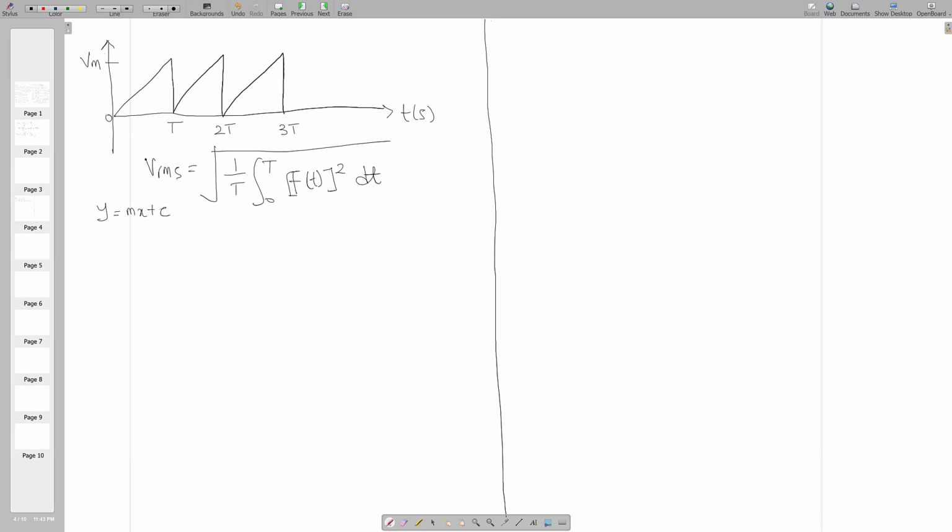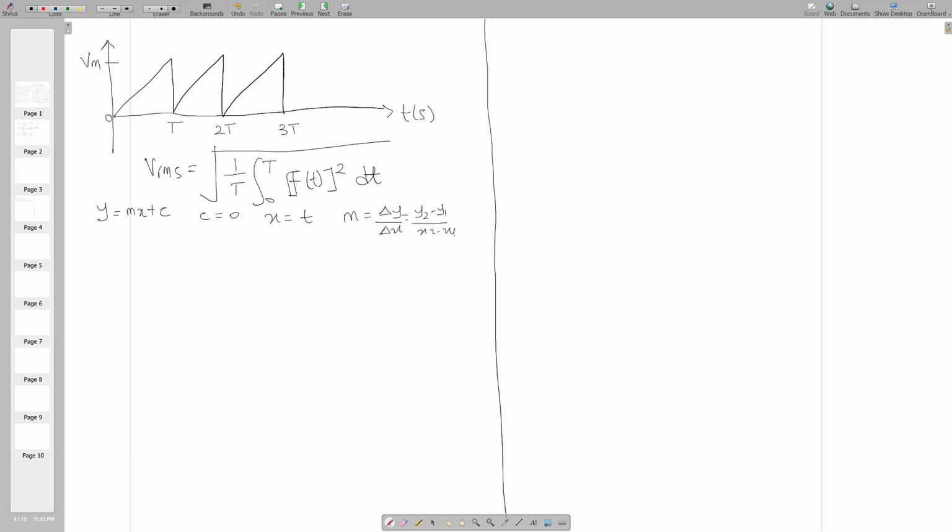From the diagram, you can see that c is 0 because this line cuts the y-axis at 0, and x in this case will be t because we are dealing with time over here, as you can see. m is the gradient of the line, that is the change in y over the change in x, that is y2 minus y1 all over x2 minus x1.